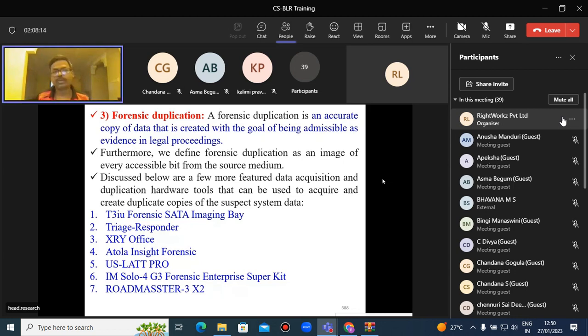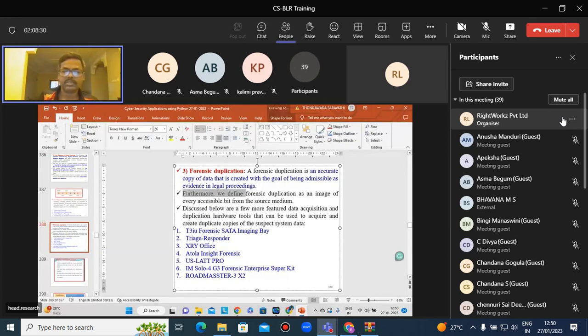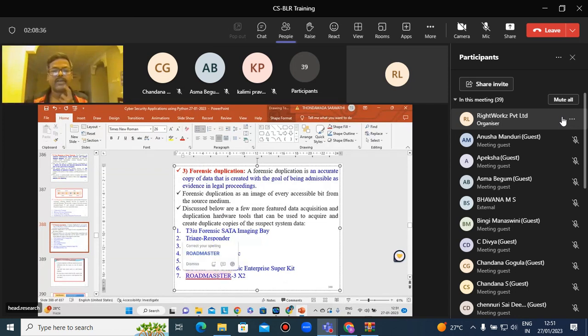You are producing it to your lawyer. Furthermore, we define forensic duplication as an image of every accessible bit from the source media.